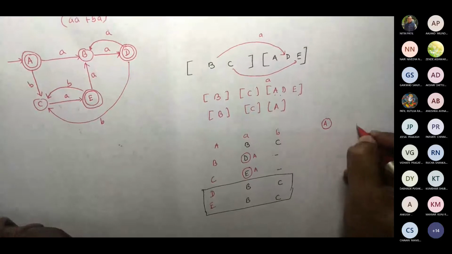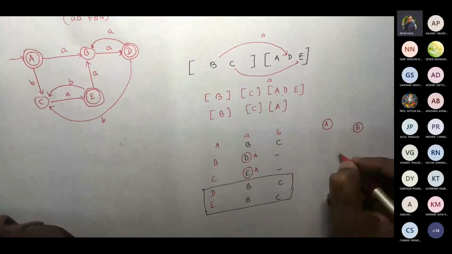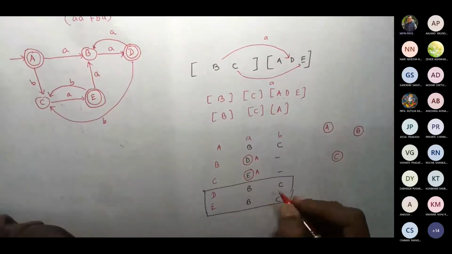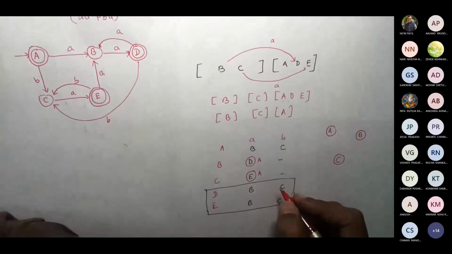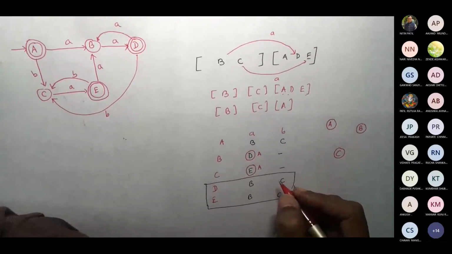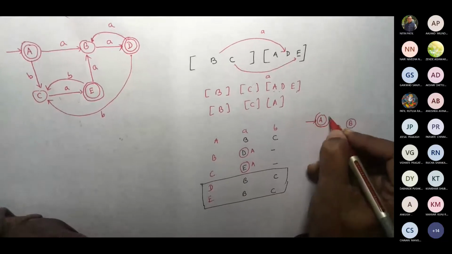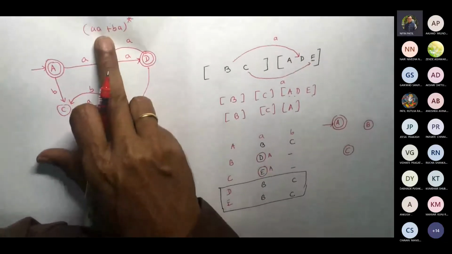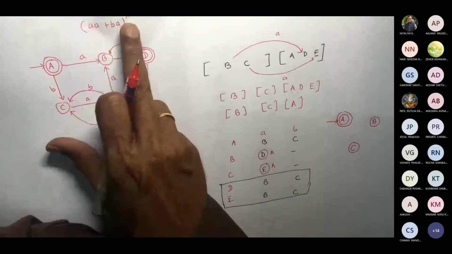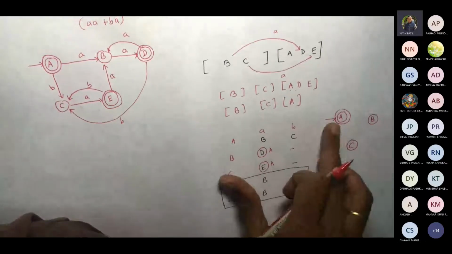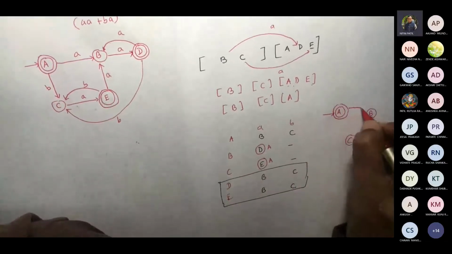So let me draw this: A, B, and C. Which is final? A. Initial and final are the same, so your star is preserved. This results in epsilon, so the first thing is accepted. Now it is like this.